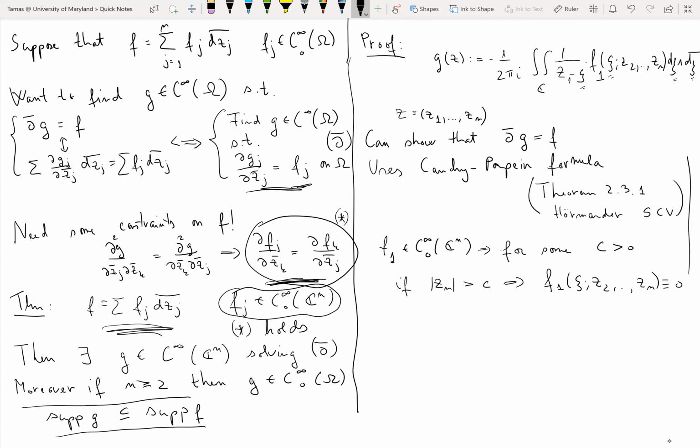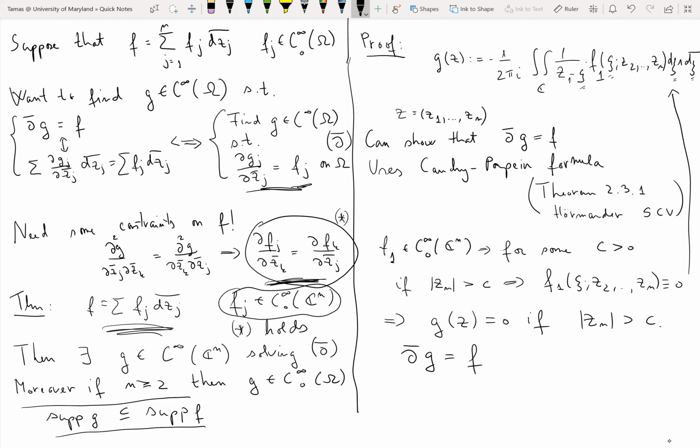Now, if we compare this with the way I defined G(z), this implies that G(z) is also going to be 0 if the last coordinate has absolute value greater than some big constant C. Okay, so what does this mean? Well, we also know that G solves the Delbar problem, and F is compactly supported.